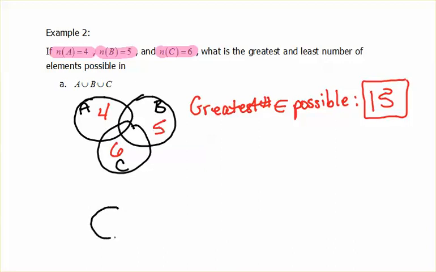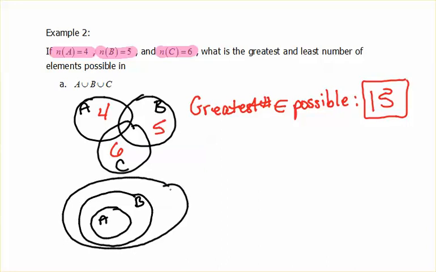Like, for instance, what if this was circle A, and this was circle B, and this was circle C? Well, in that case, we would have 4 items in A, 5 in B, which would give us 1 more just for B, and 6 in C, which would give us just 1 more for C.